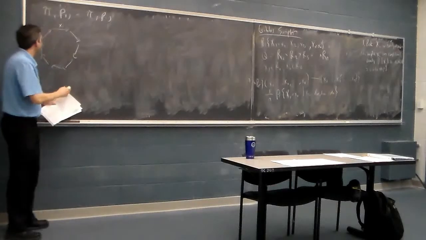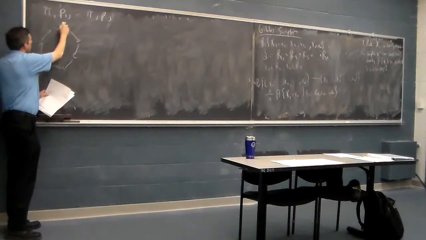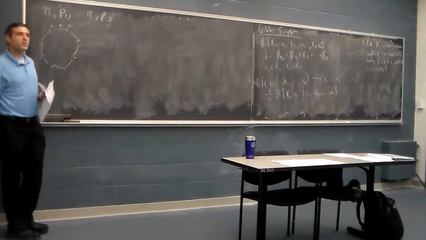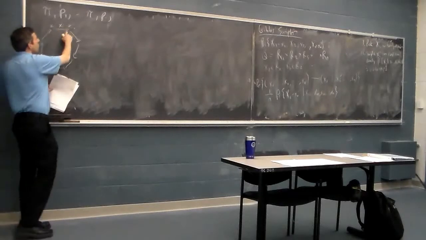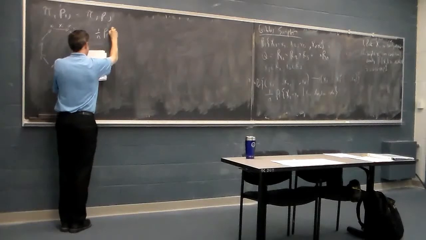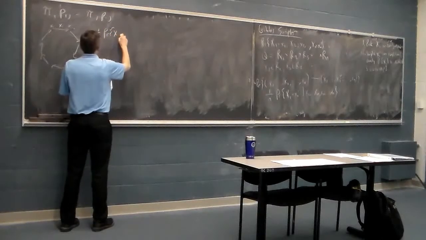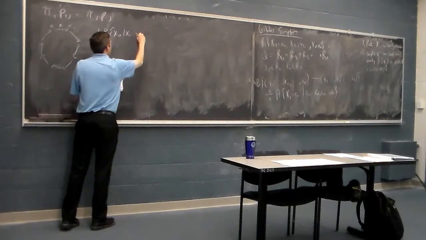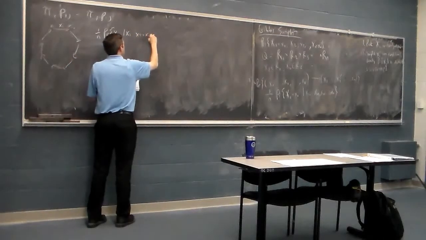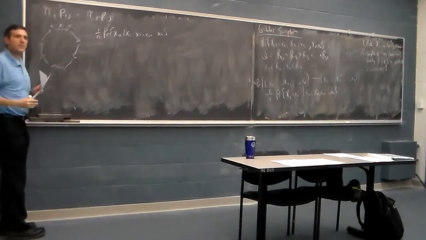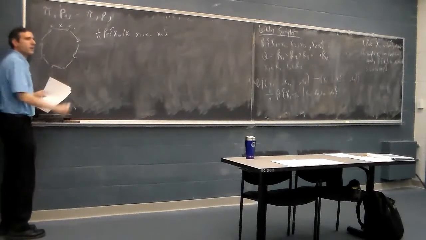This has some value, let's call it xi1 here, and some value xi2 here. Then the transition probability as we go in this direction is going to be 1 over n times the probability of moving to value xi2, conditional on fixing x1 through xi minus 1, xi plus 1 to xn. So that's going to be our probability of going in this direction.